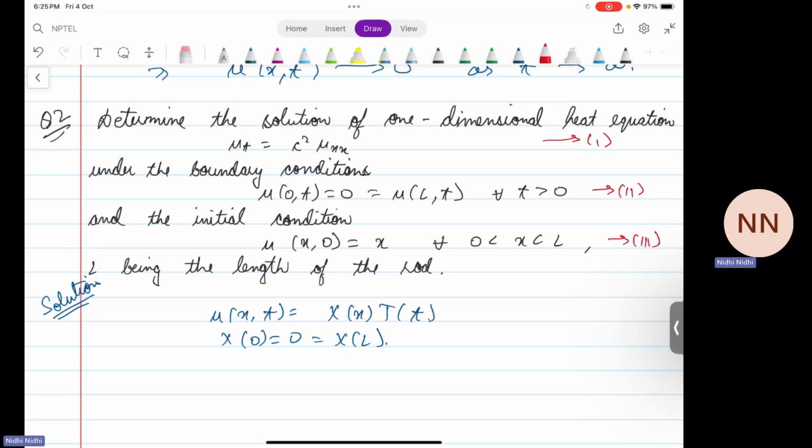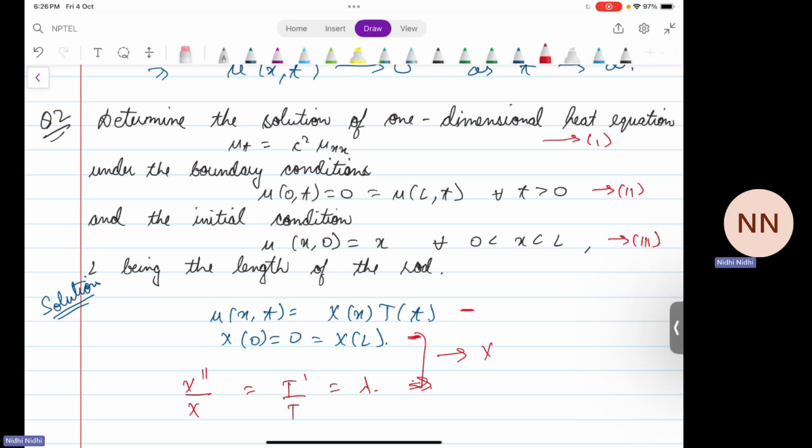So when you put the value of u of x,t in equation first, you'll get something like this: X double dash by X equals to T dash by T equals to some lambda. Using this and these initial conditions, I would like you to see for different cases of lambda when we are getting a non-trivial solution, and in that case what will be T.